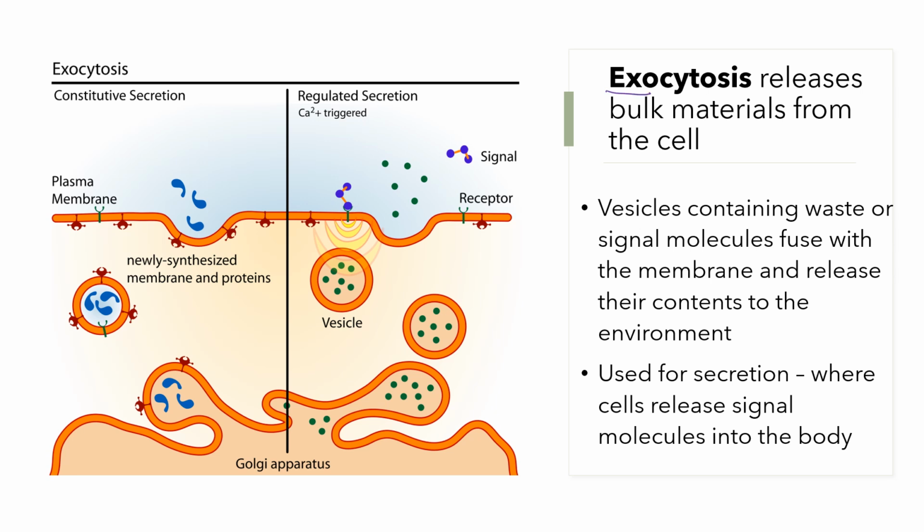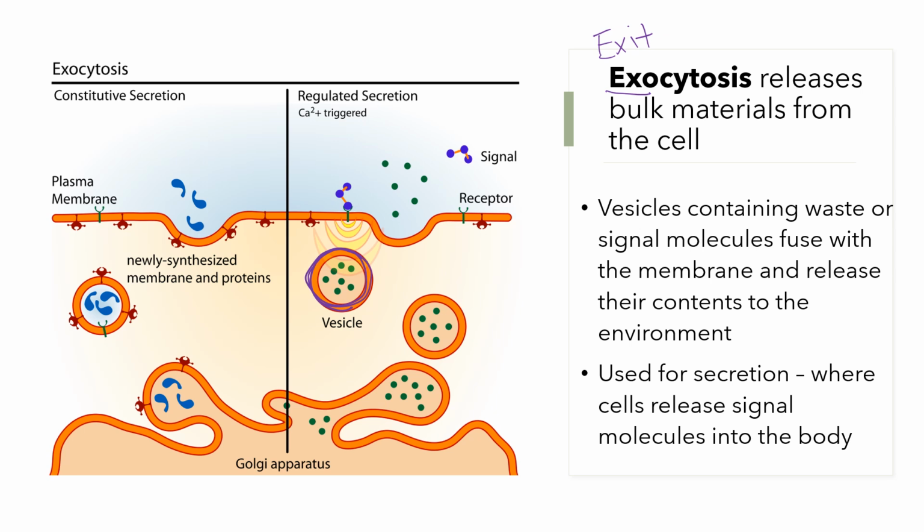Exocytosis, think exo sounds like exit. So this is releasing bulk materials from the cell. A little vesicle, remember a vesicle is just a tiny bubble of membrane, is going to contain some kind of waste or some type of signal molecule or some type of bulk material that we want to remove from the cell.